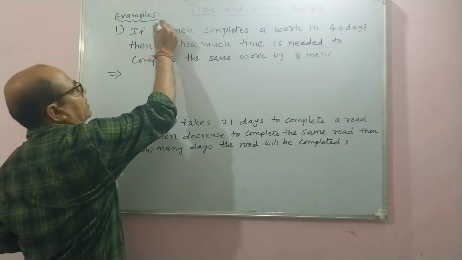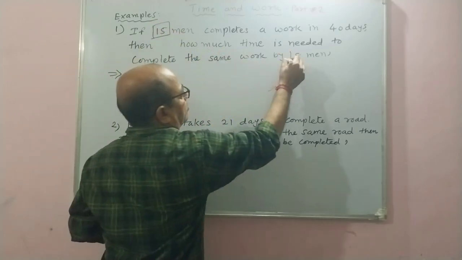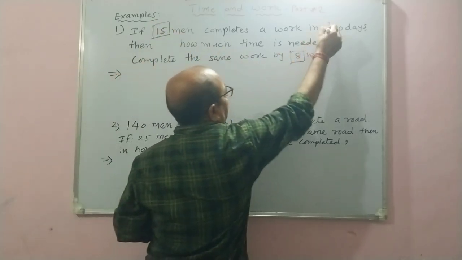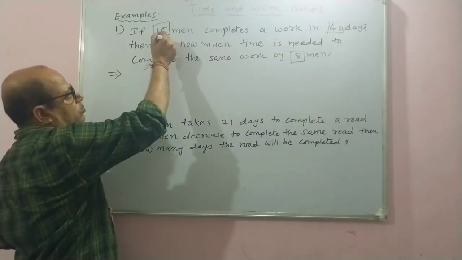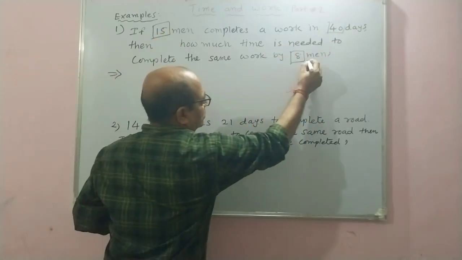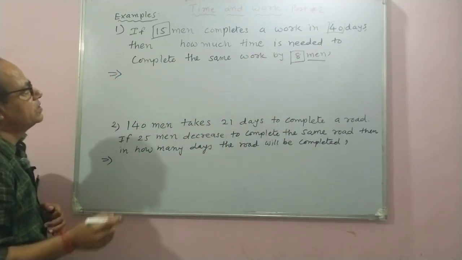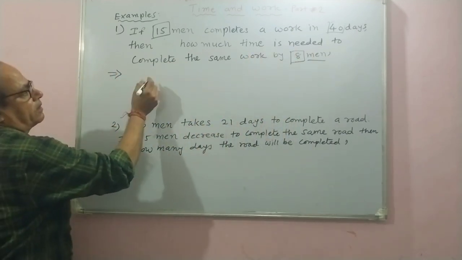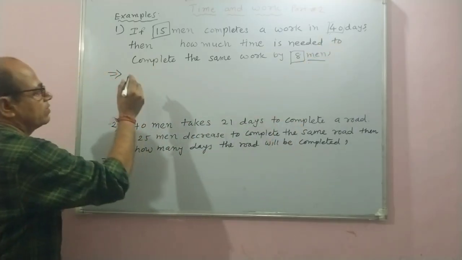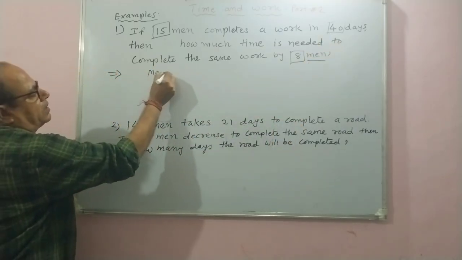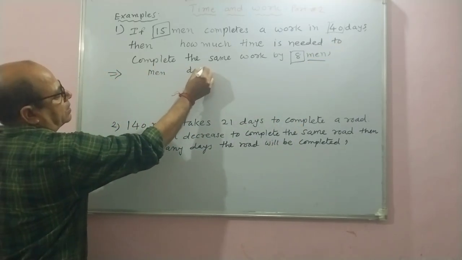Now 15 men are here, then here 8 men are there, and here 40 days is there, right? So what are you supposed to find out? Sorry, you are supposed to find days. So men will come first, and days will come here, right?